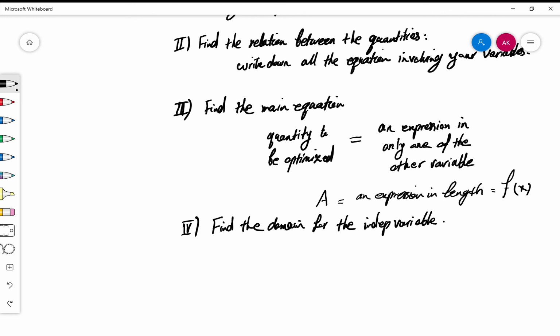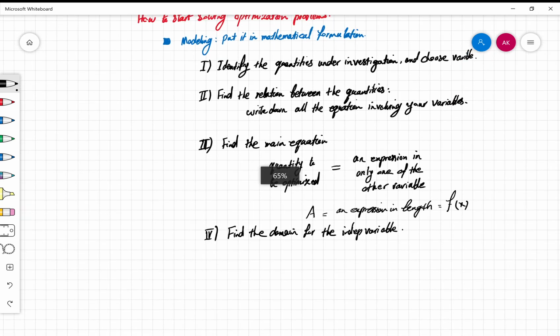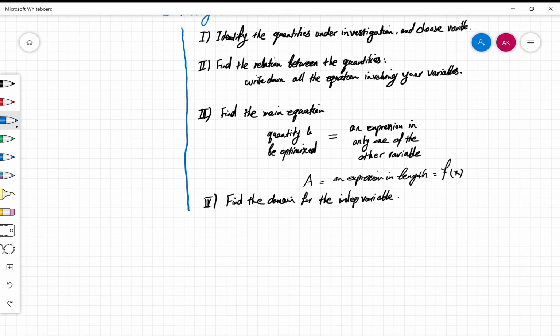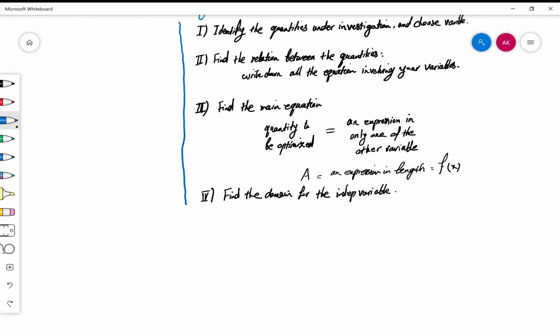So you find all those conditions. Then if you do all these steps, your modeling is done. Now you have a function with a domain, and then you can go ahead and find the maximum or minimum of that function.